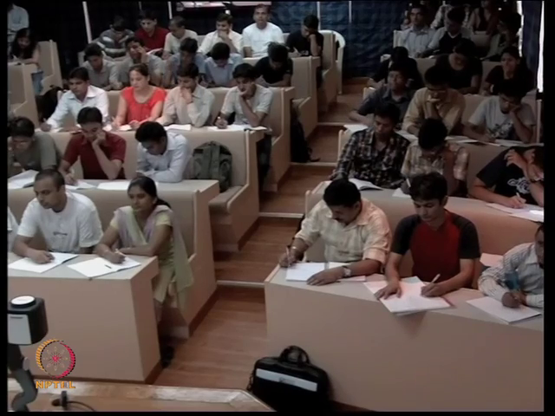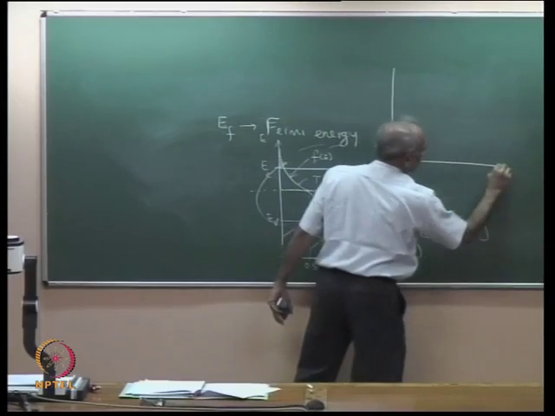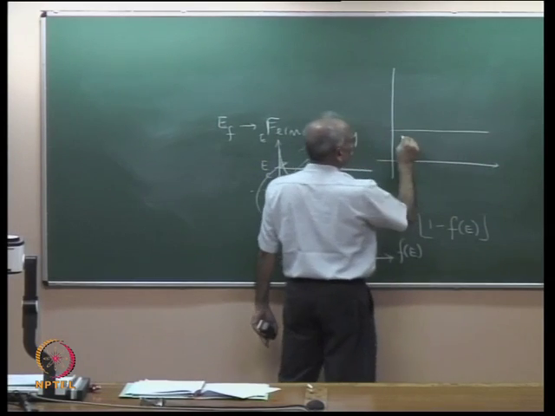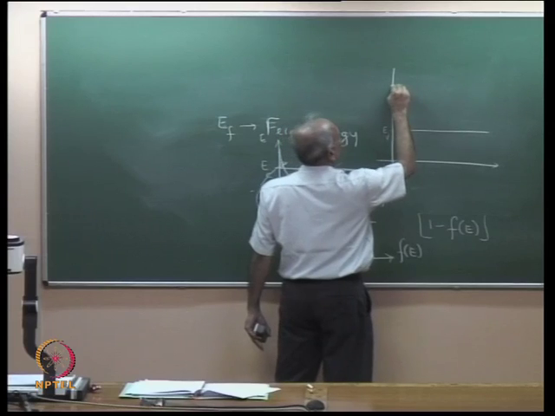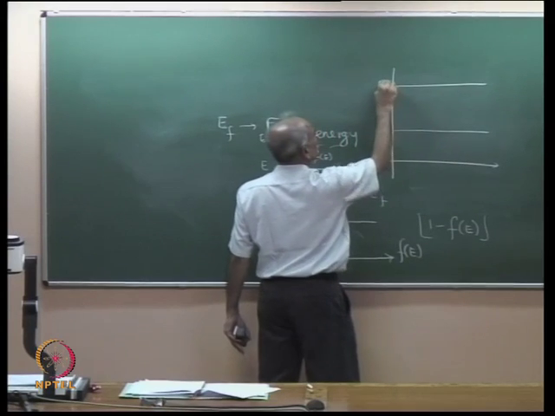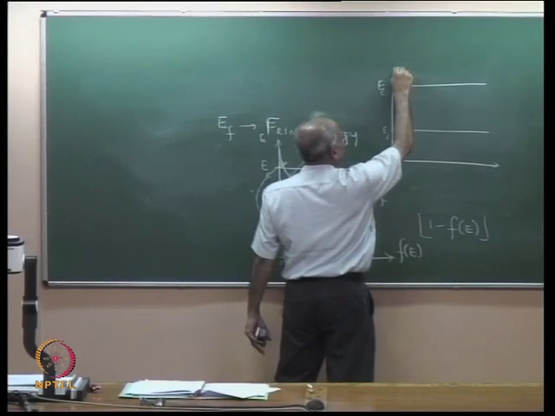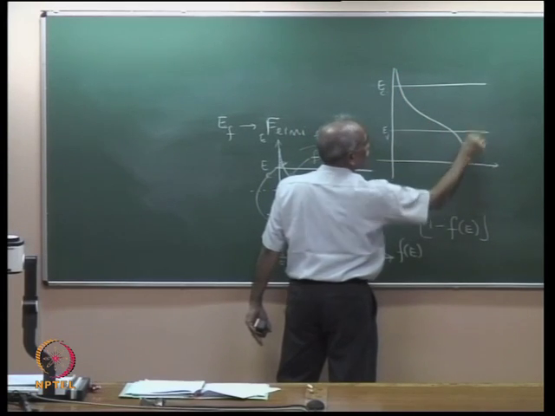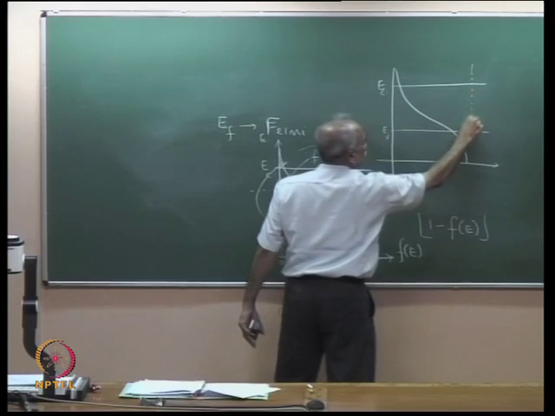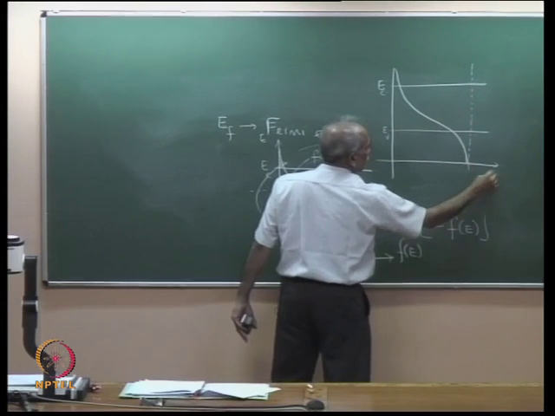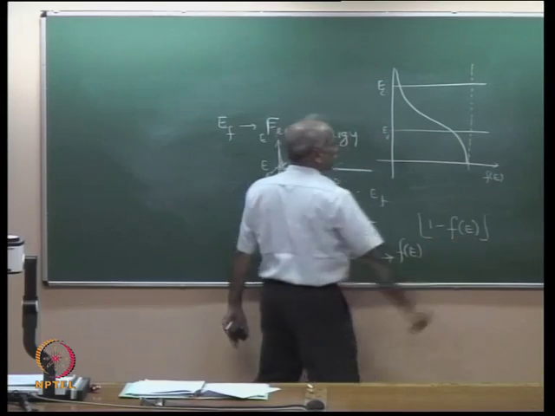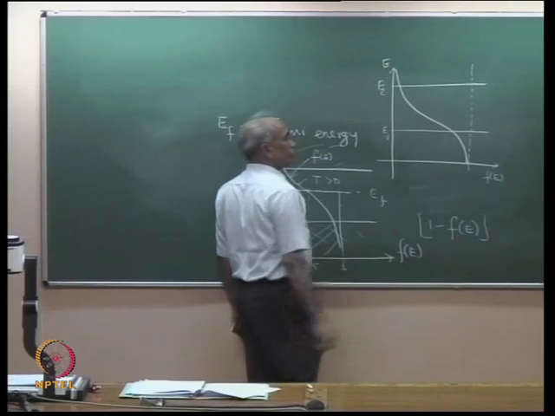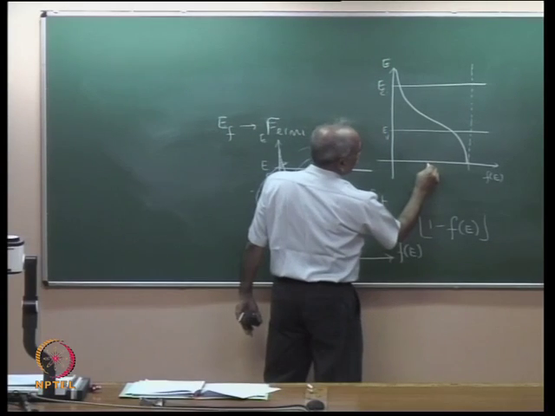So, I plot again the same graph. This is EV and this is EC. The Fermi function at a finite temperature is varying like this. So this is the line f of E. Now on the x-axis I have f of E, the vertical axis is E, energy, and 0.5 is somewhere here.